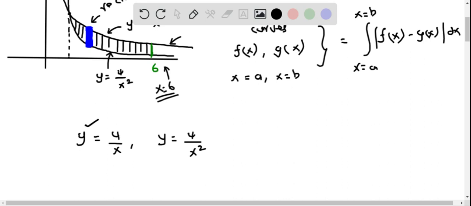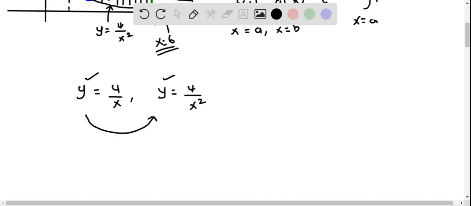Since both represent the same y value at this intersection point, I can substitute one y into the other. So it becomes 4 over x equals 4 over x squared.